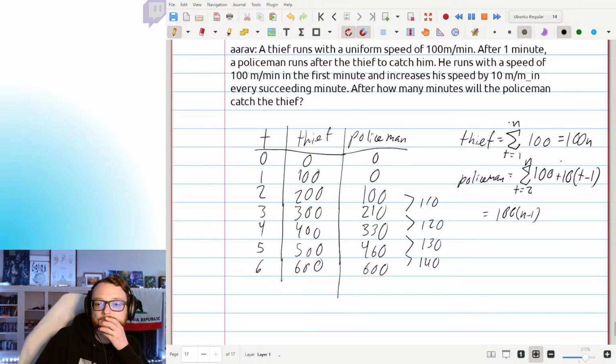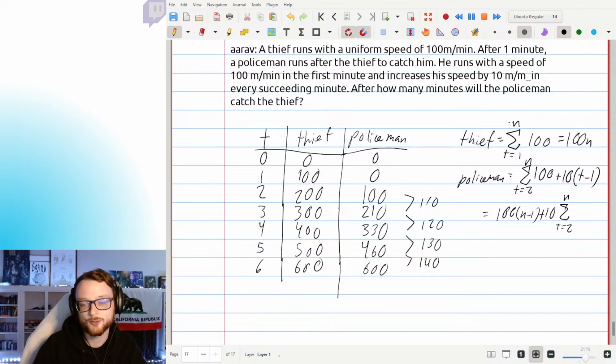And we could figure that out. I'm curious to see if we can get the answer from these summations. So basically, I should probably draw this out in more detail.